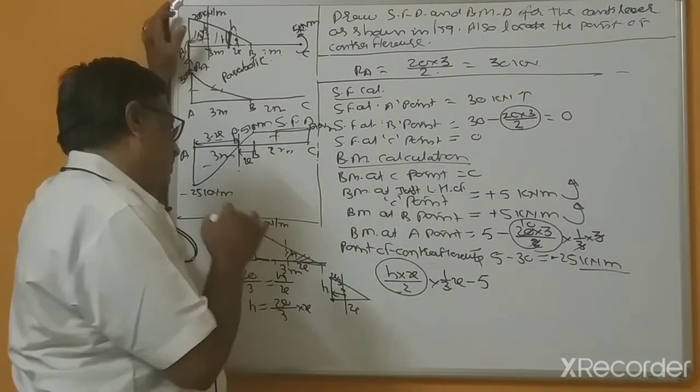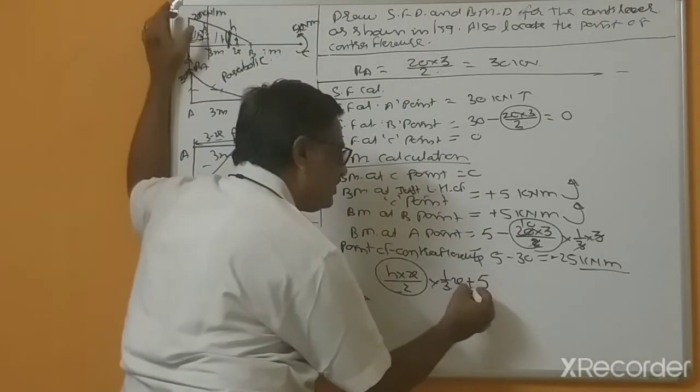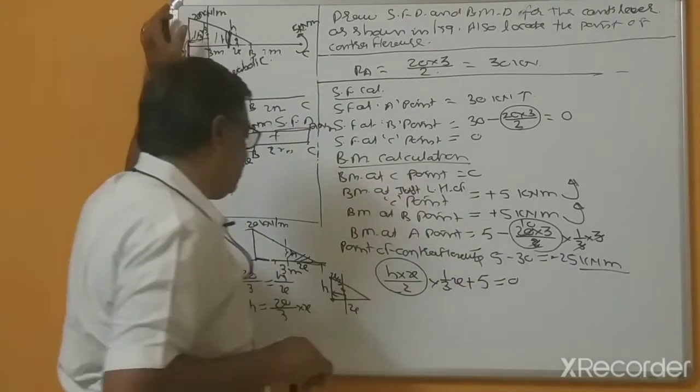No, this is clockwise and this is anti-clockwise, that's why this is plus 5 equals 0.